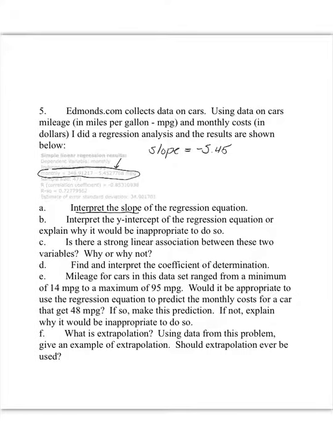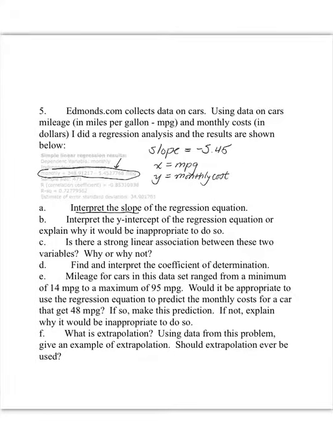To interpret the slope, we have to go back to the definition of slope. And before we do that, let's get in mind what our variables are. So our x variable is your miles per gallon, and your y variable is your monthly cost. And so let's remember what the definition of slope is.